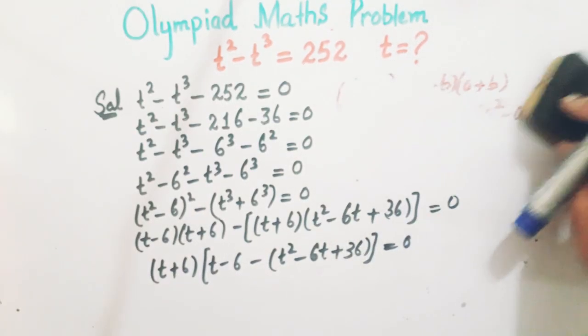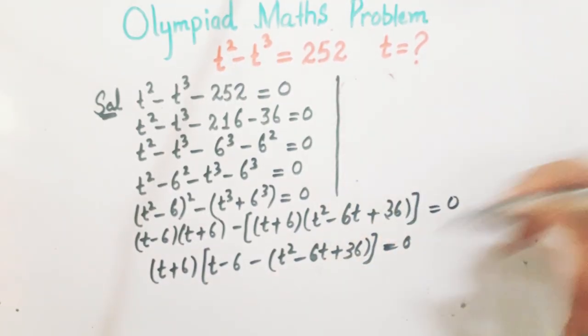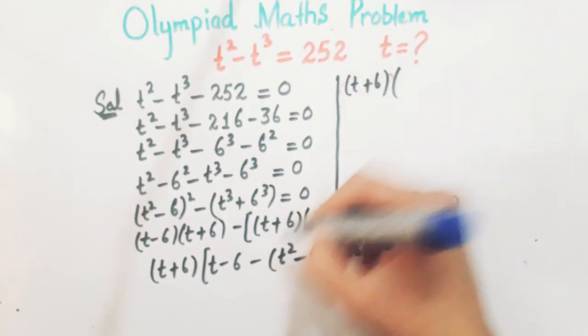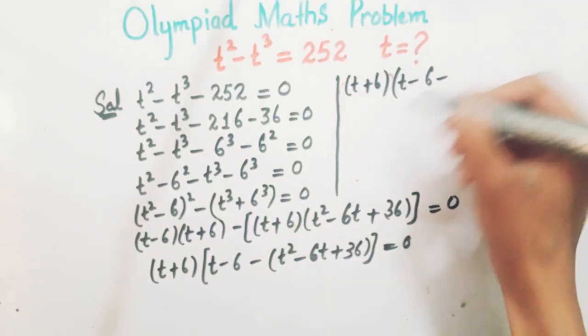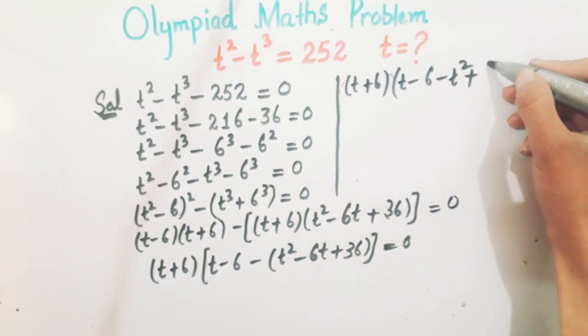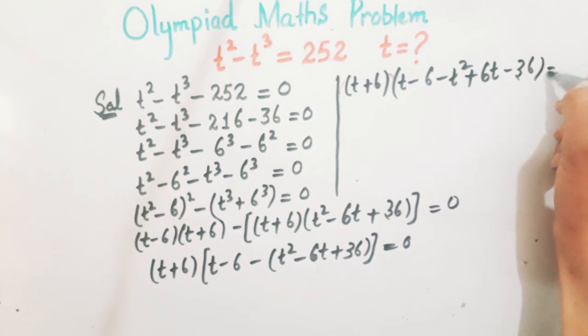Now in the next step we will write this as t plus 6. From this we have t minus 6 minus t square plus 6t minus 36 equals 0.